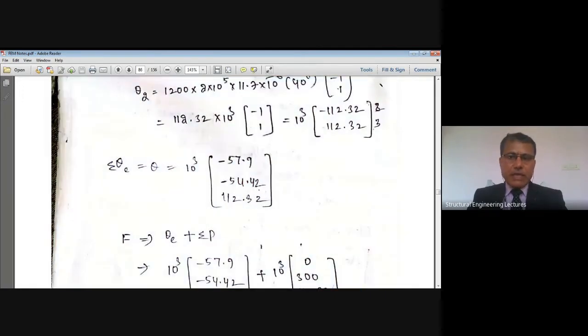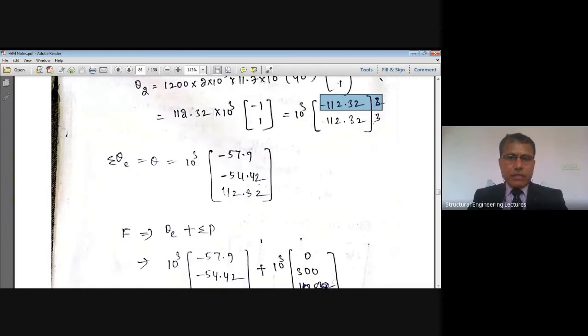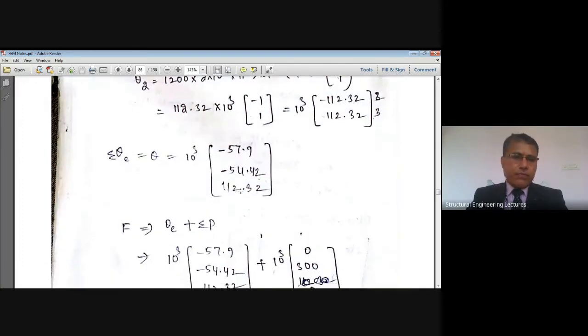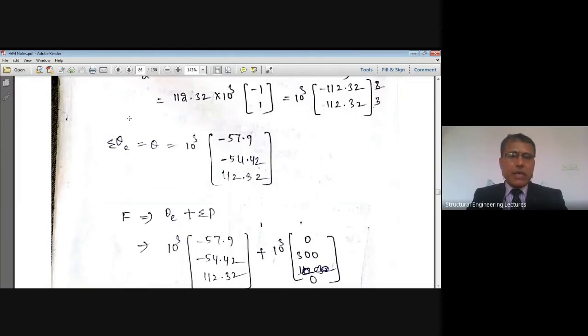But along the second degree of freedom from the second element, I have minus 112.32. Hence 57.9 minus 112.32 is minus 54.42. Then finally along the third degree of freedom, 112.32. So many Newtons is the temperature load vector.